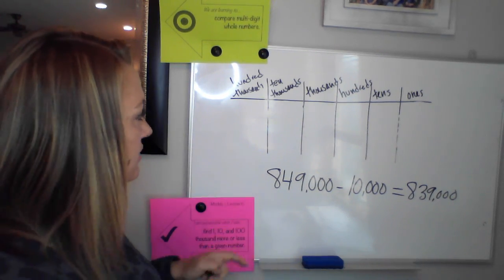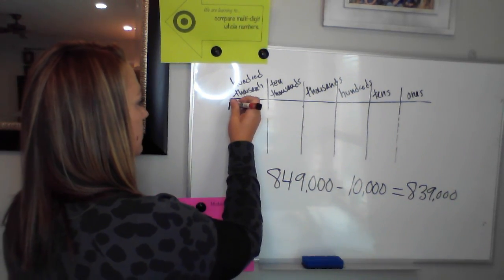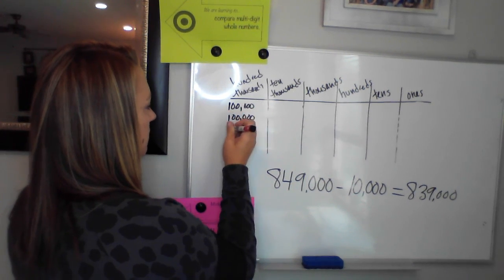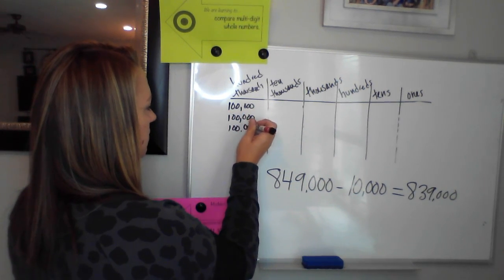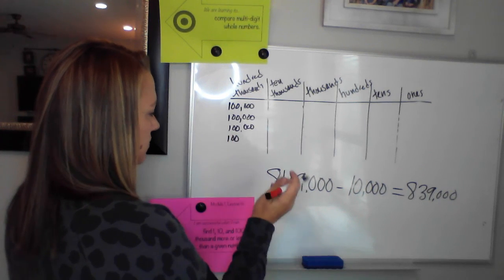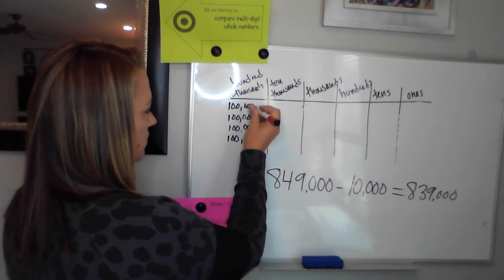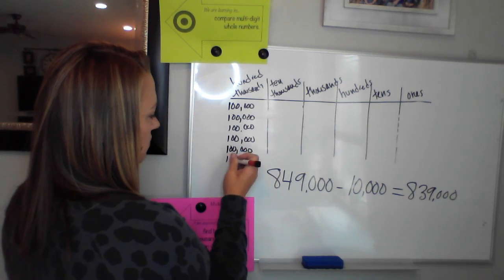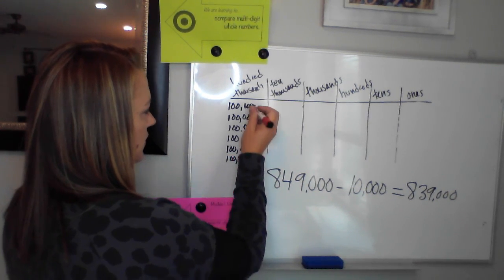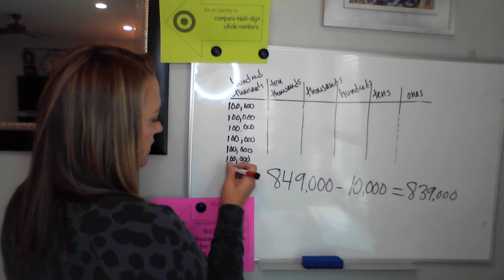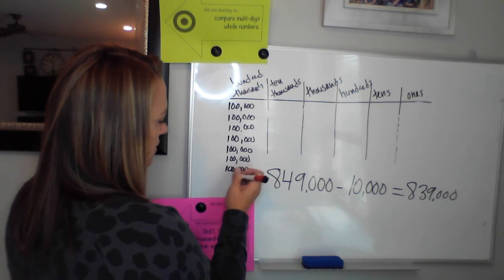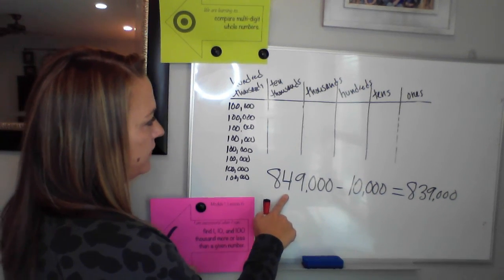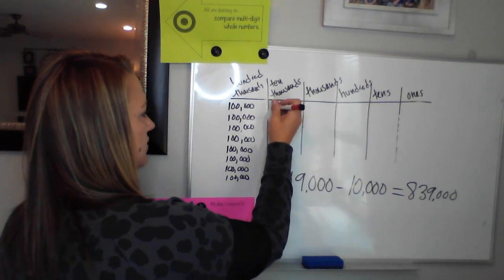So let's double check that on our place value chart. So if I have 8 100,000s, one, two, three, four, five, six, 7, 8. And I started with my 4 10,000s.